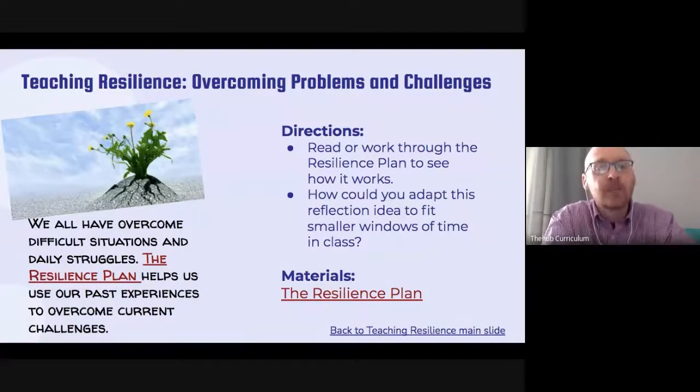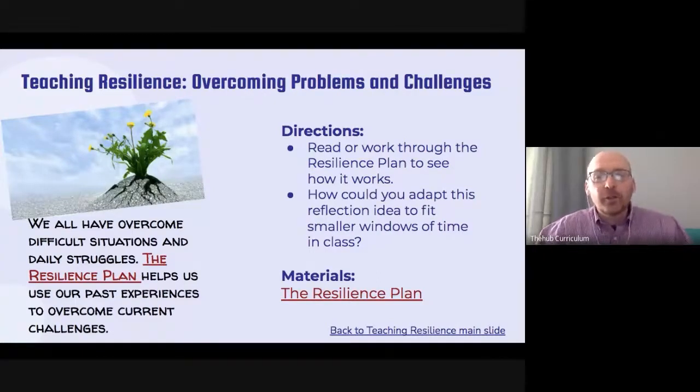So the first way of teaching resilience is through those personal overcoming problems and challenges. And like we mentioned already, we all have had to overcome difficult situations and we've all had our daily struggles, some bigger than others at times. And so what we've provided here is this resilience plan. And this goes into a little bit more detail on those 4 S's.